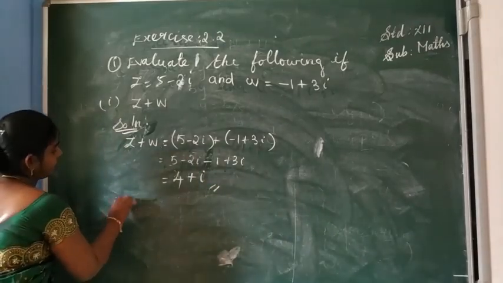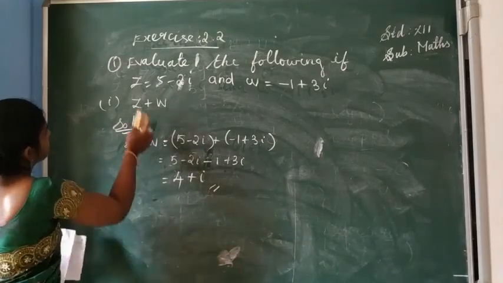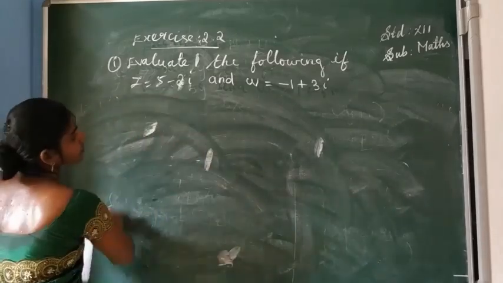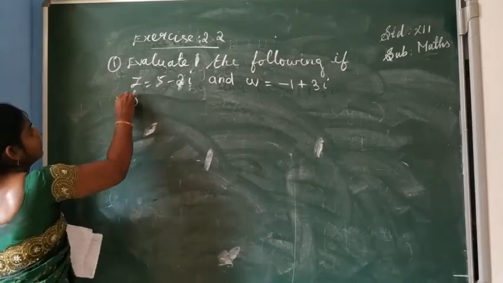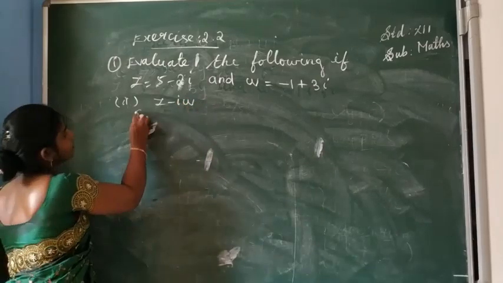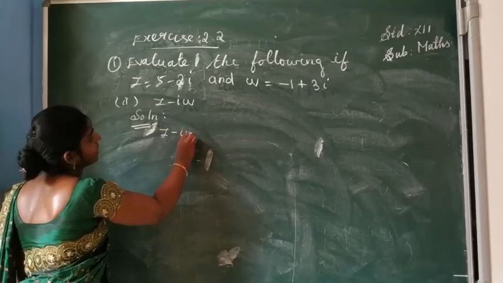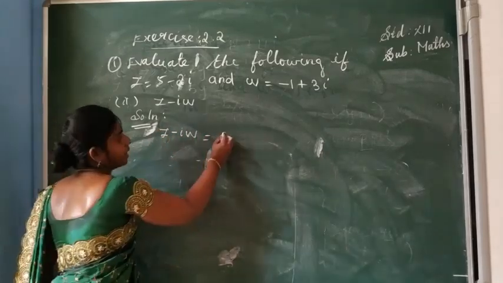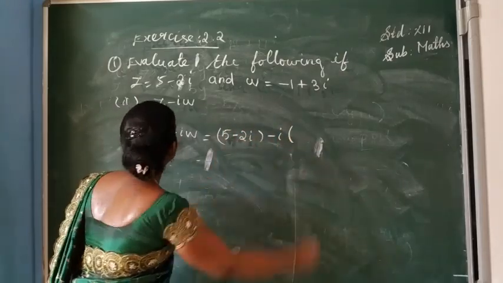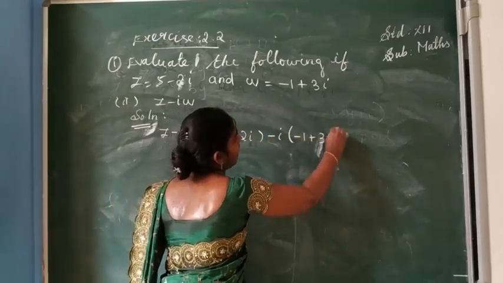So second subdivision, z minus iw. Solution, so z minus iw equal to, z value is 5 minus 2i minus i into w value is minus 1 plus 3i.